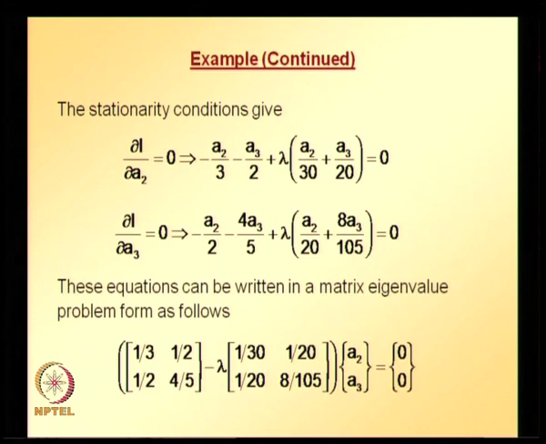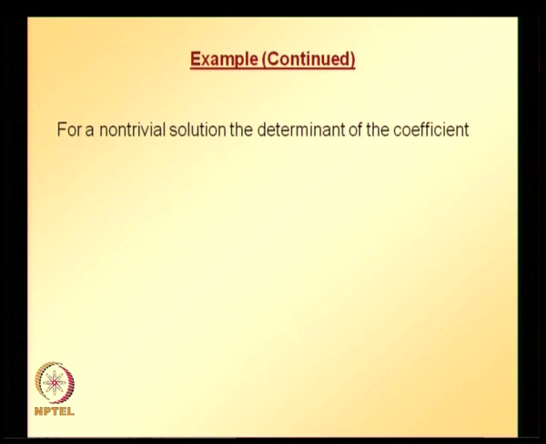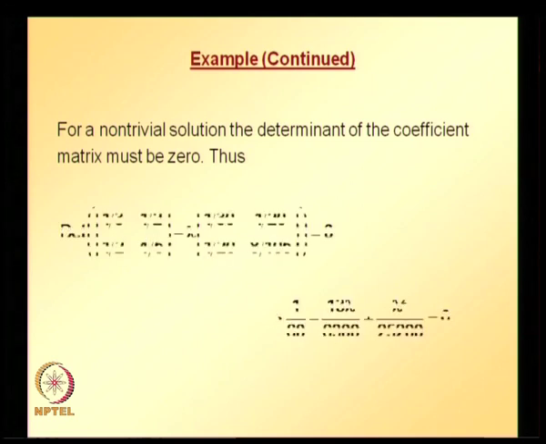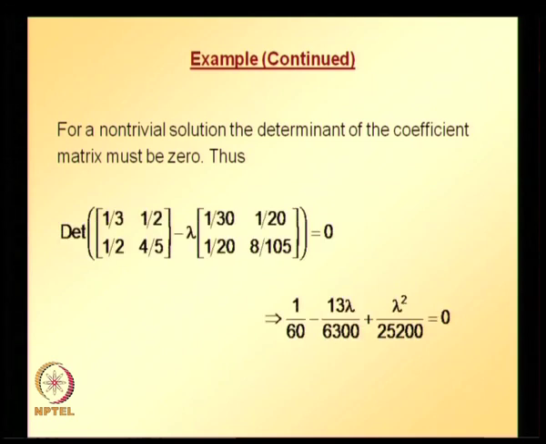If it is a 2 by 2 matrix system, you will get a characteristic equation of order 2, which when you solve gives 2 roots, the first eigenvalue and second eigenvalue of lambda, okay. That is the condition we are going to apply here: for a non-trivial solution, the determinant of the coefficient matrix must be 0.